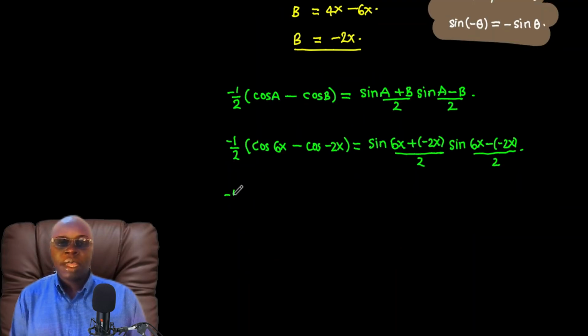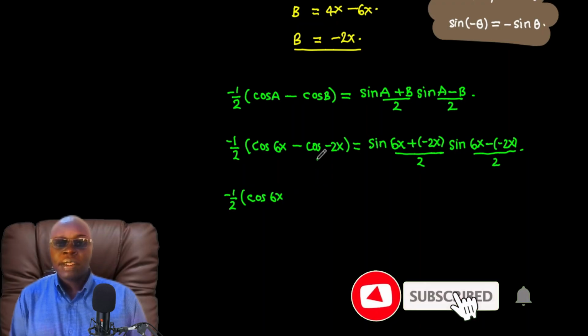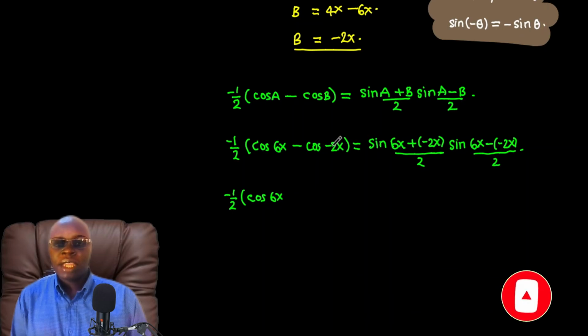Now let's keep simplifying our work to see that we obtain something. Now we have here negative 1/2 into cosine of 6x. Now we said earlier on that if you have a cosine of a negative number, it goes to positive. But remember, this will still remain here, and we have cosine of 2x. So we can close our bracket and we move on to the right hand side to see that sine of positive times negative is negative.